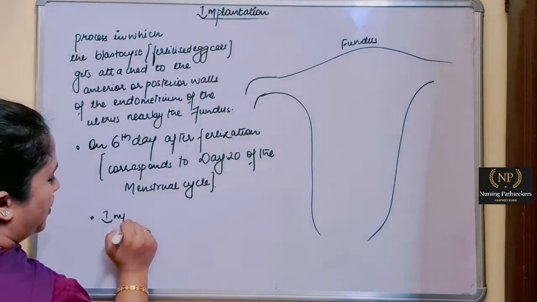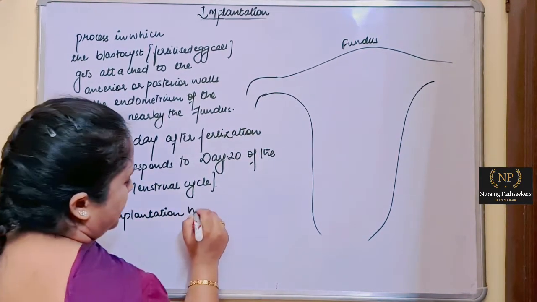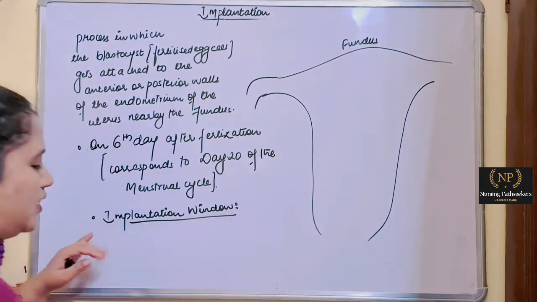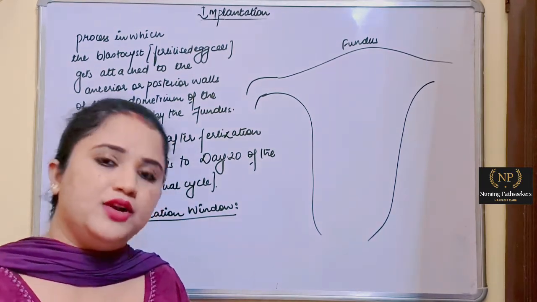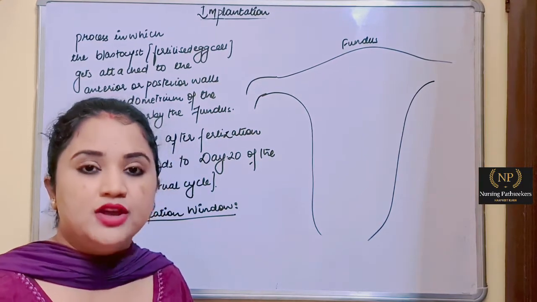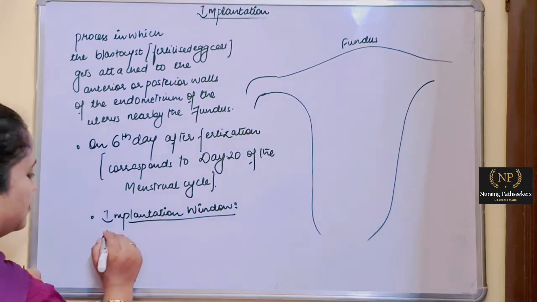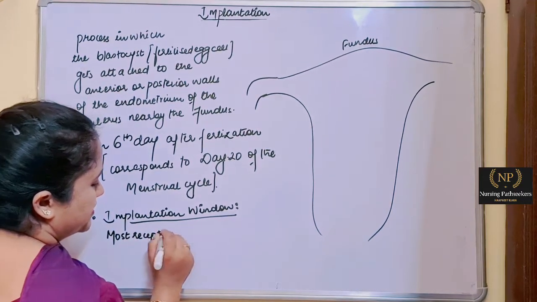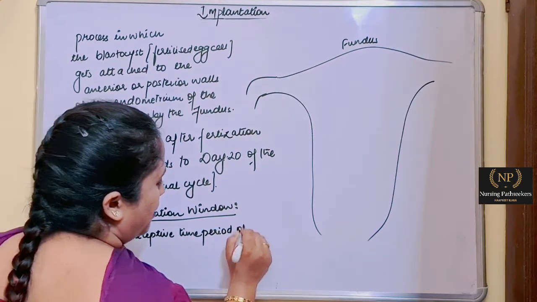Now let's have a look at a term called the implantation window. What does this mean? It is the most receptive time of the endometrium for the blastocyst, meaning the most suitable time for the endometrium to receive the blastocyst.